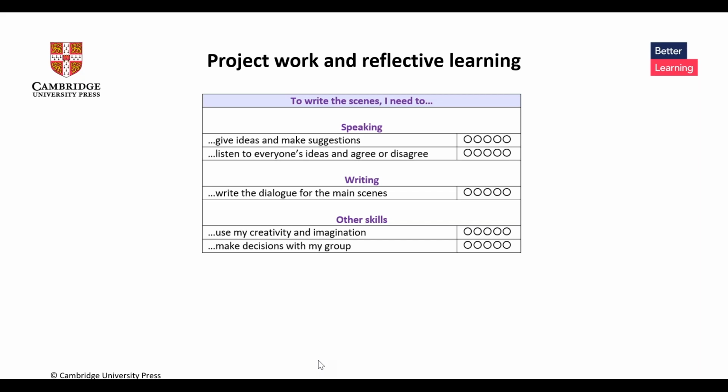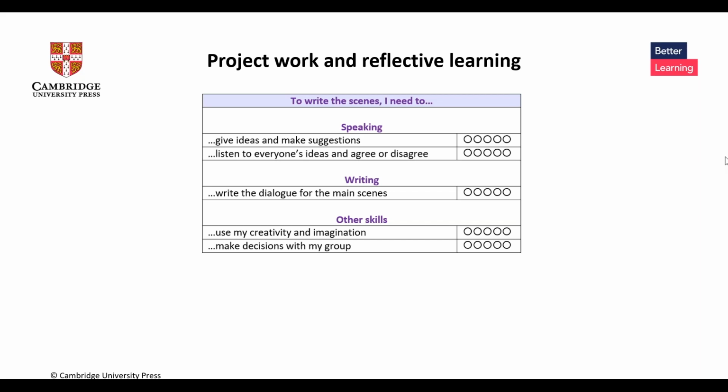So what I've tended to use now with project work is to break it down into the different stages, and for each stage give students a little chart like this in which they first think about the skills that they need to use in terms of speaking or writing, so the spoken output and the written output of that stage of the project, and any other skills.